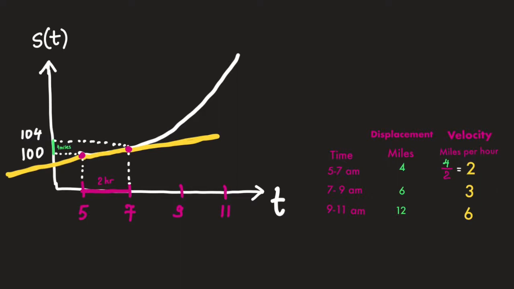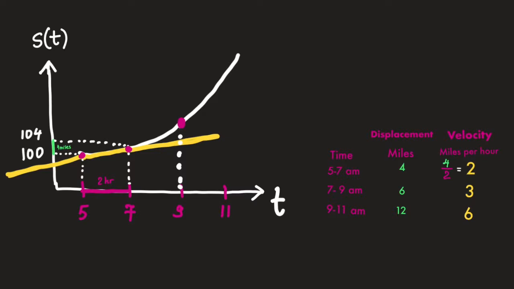Thus, if you have a graph of your position with respect to time, then the slope of the line connecting any 2 points on the graph, that slope is going to be exactly equal to the average velocity over the corresponding time interval. Now, to check whether or not you understand, let me ask you this. Suppose you only have this graph and I don't give you any further information.